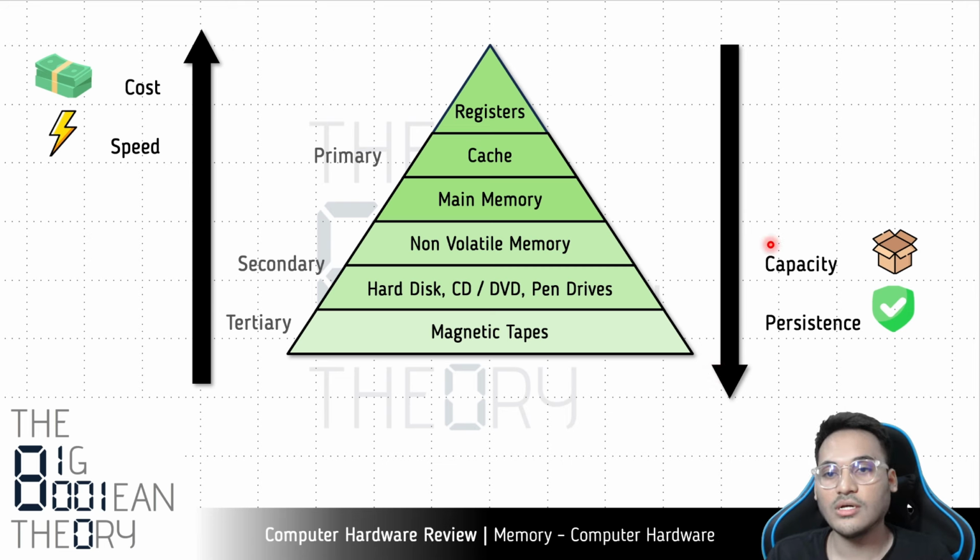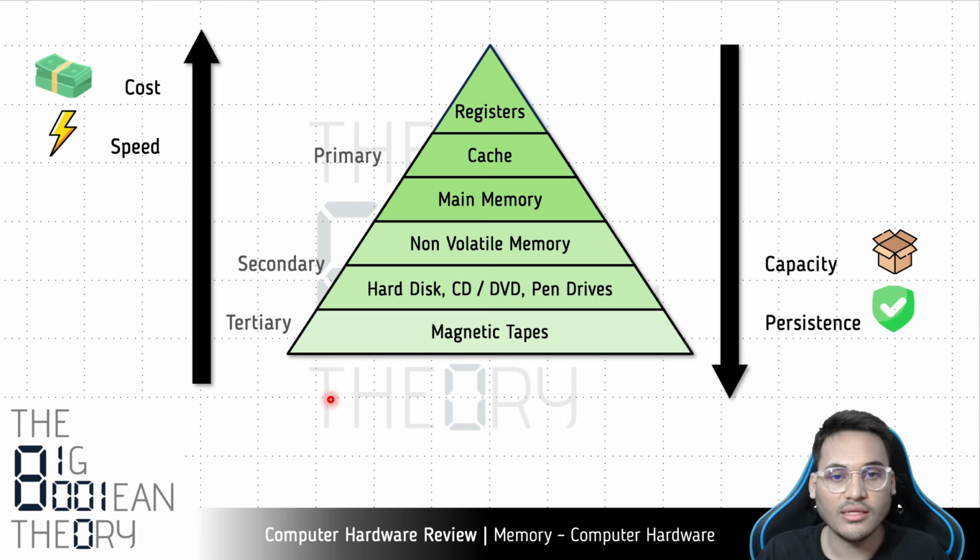Now let's talk about the other properties of this memory hierarchy. The next point is that if the size of the memory is increasing as we go down the hierarchy, then the opposite will be true for the speed. The speed will be decreasing. For smaller memory there is more speed, for larger memory there is less speed. So this we have already discussed.